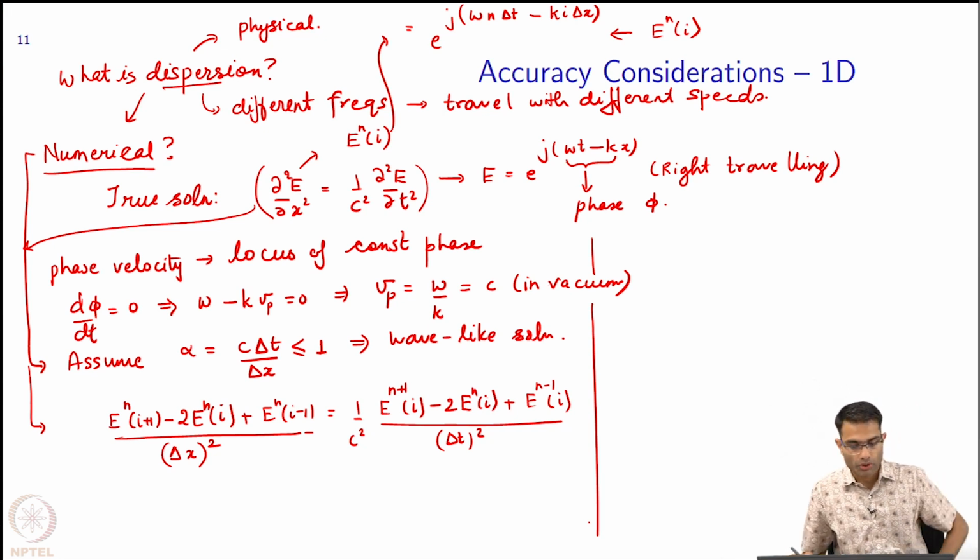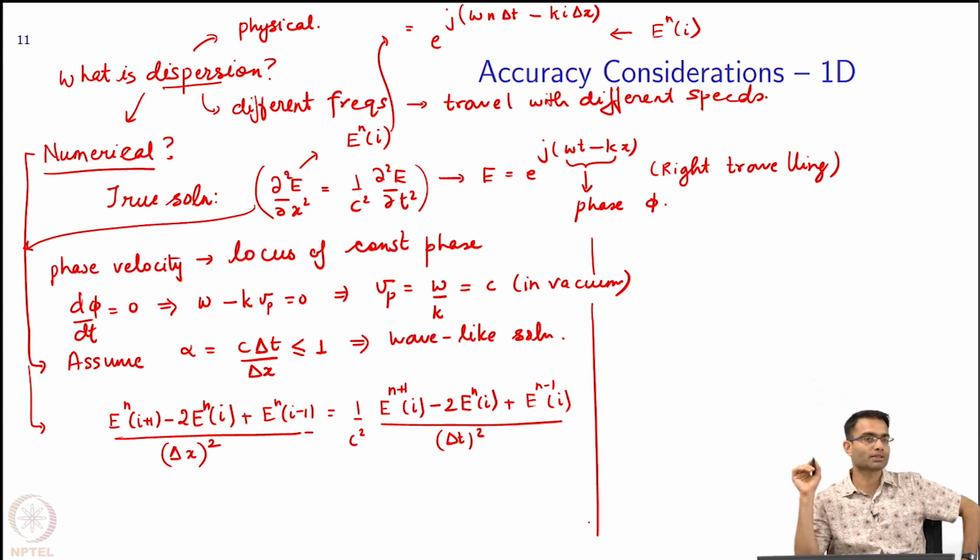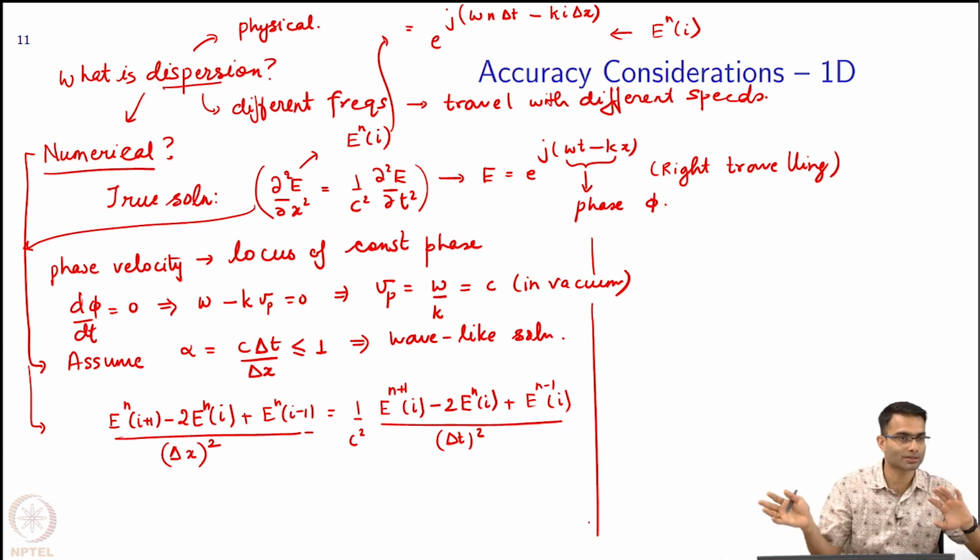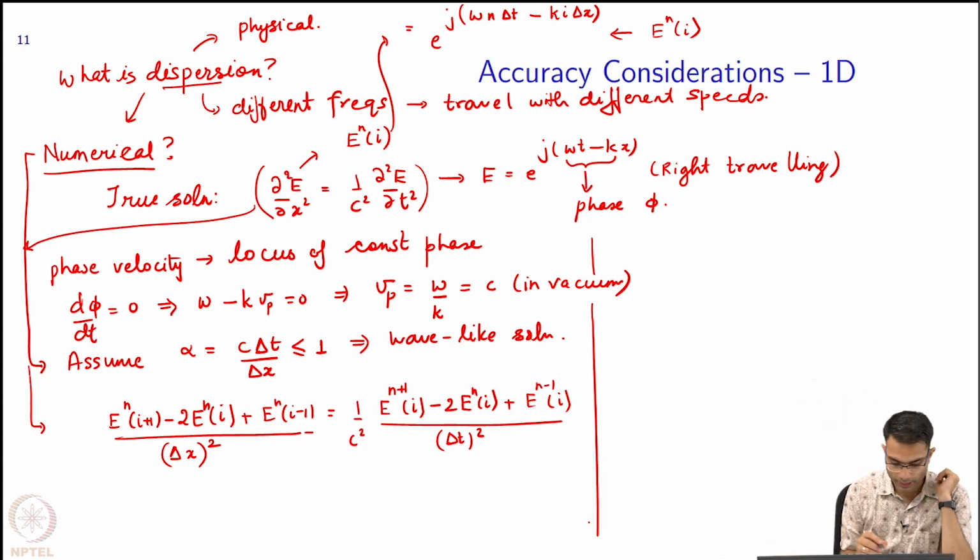Okay. Before you do that, you can recognize something that will cancel off from both sides. What will that term be? E n I, I can take common from both the left hand side and right hand side, right, and the rest will be a plus or a minus exponential term correspondingly. So, once I do that, for example, what will I be left with over here?